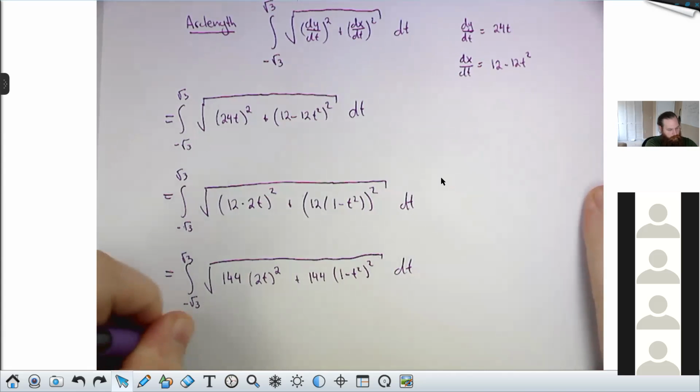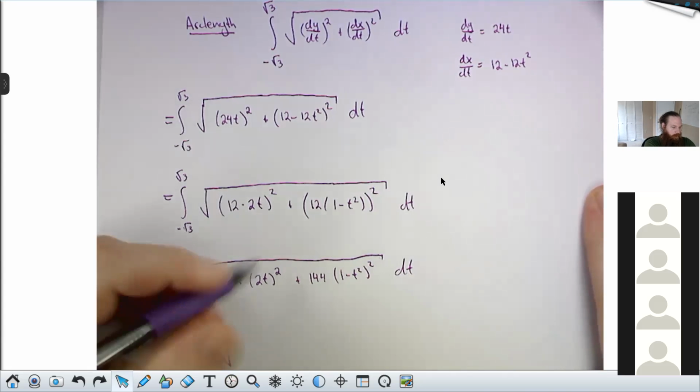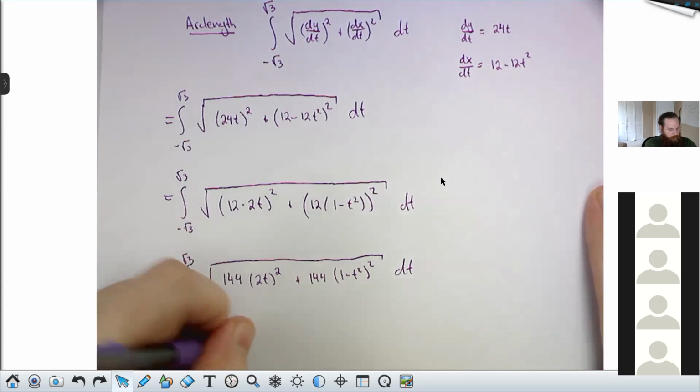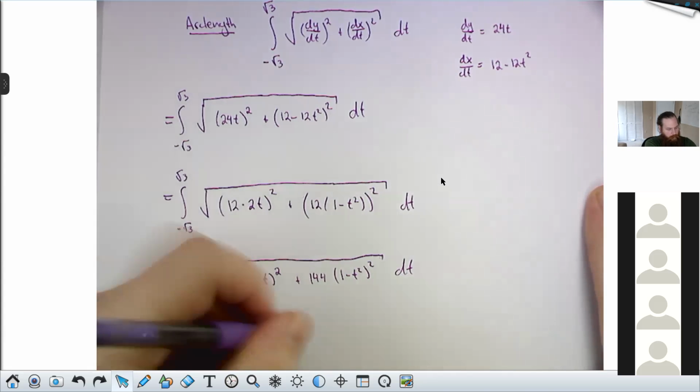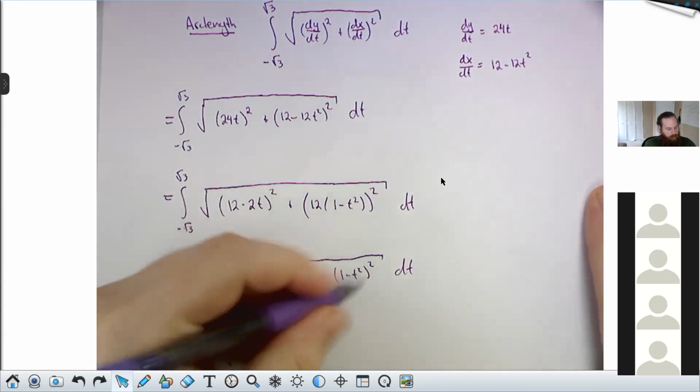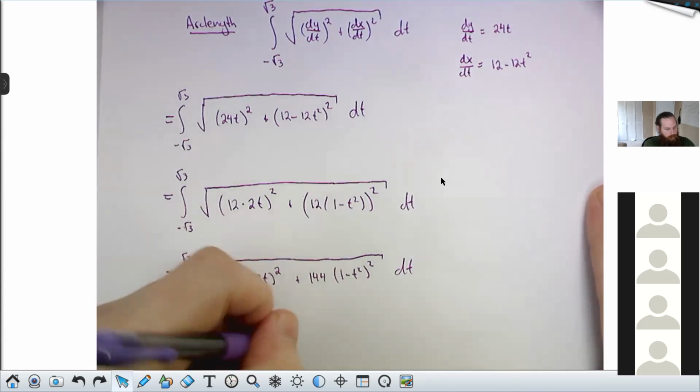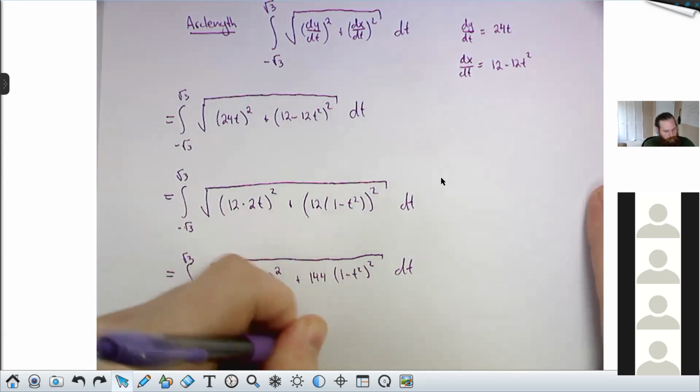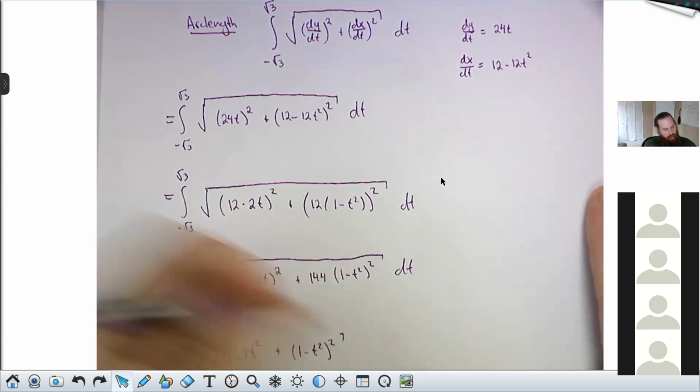So I'll get 12 times the integral from -√3 to +√3 of the square root of (2t) squared, that's 4t squared, plus, and then here I'll have (1 minus t squared) squared. I'll just leave it like that for now.